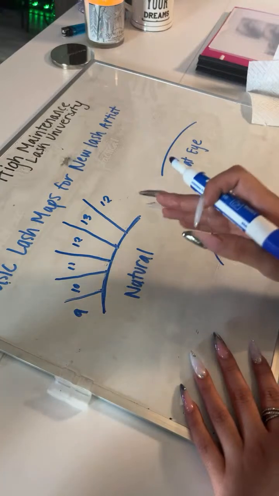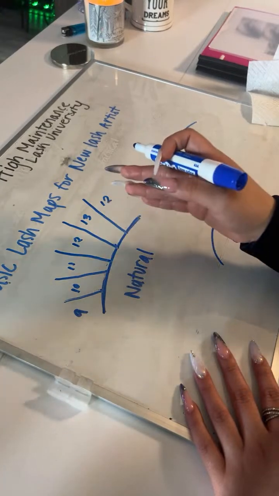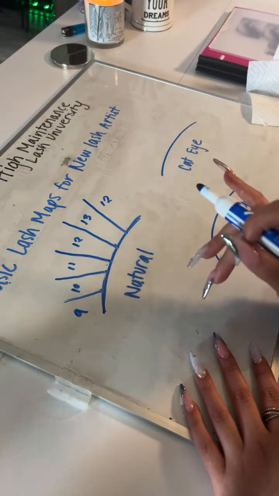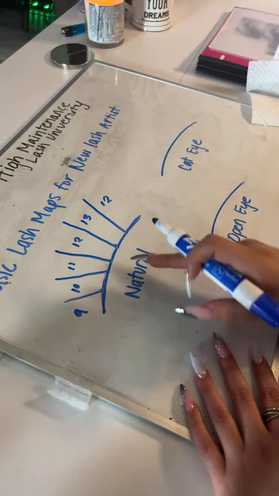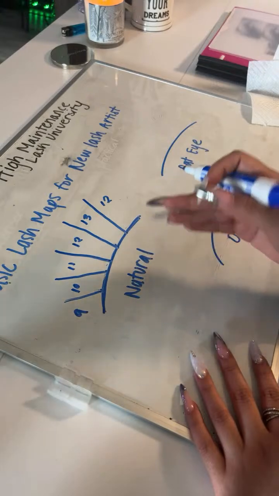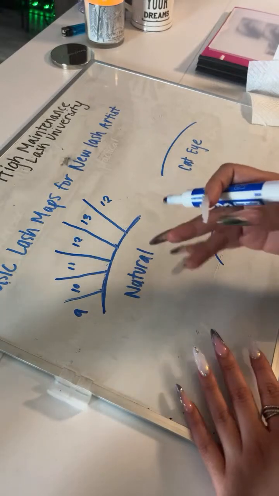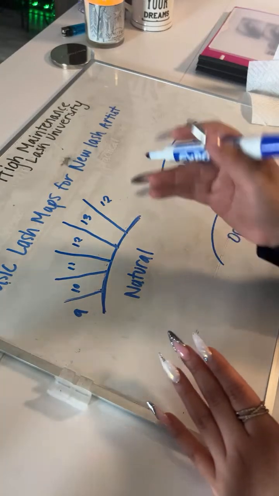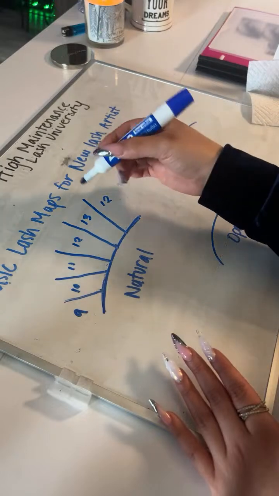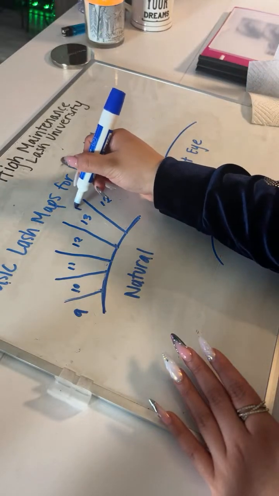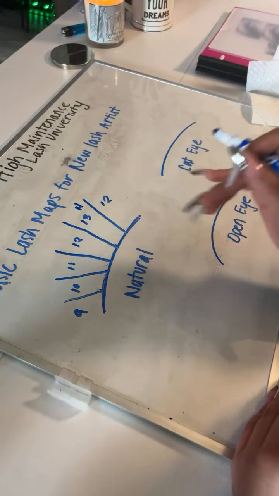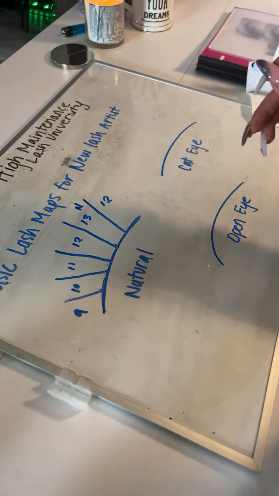Nothing crazy, working with our lengths, building up, and then dropping back down to our shorter lengths on the very outer corner. When someone tells you, I want a natural look, nothing crazy, I would definitely not go above a size 13 or maybe a 14. You could maybe do a 14 if you wanted to, but I wouldn't do anything above a size 14 for a natural lash mapping.